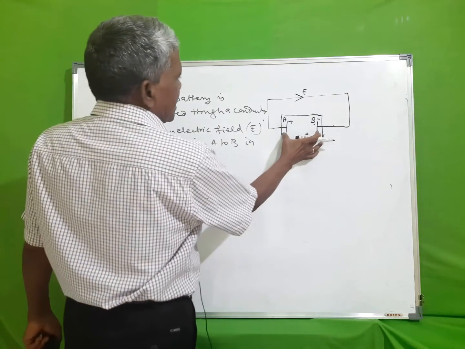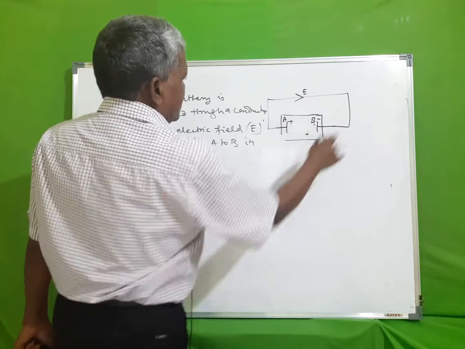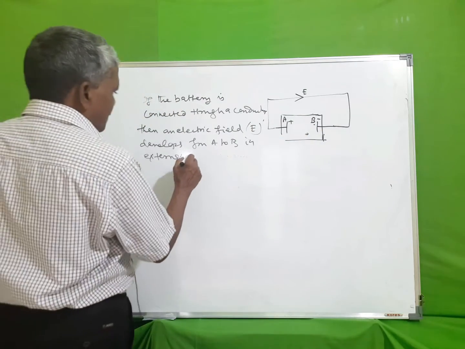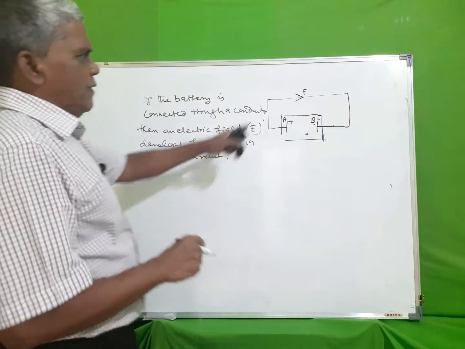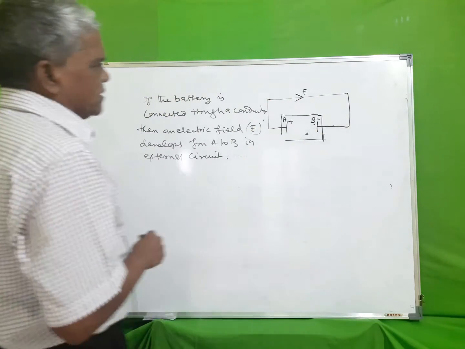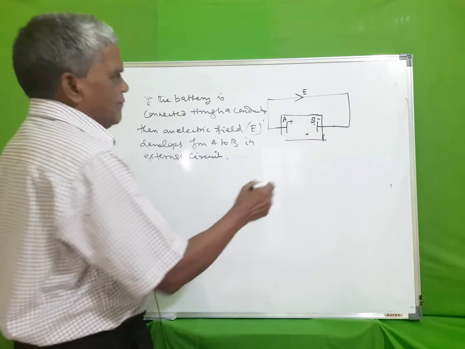So this inside is the internal circuit, the outside is the external circuit. So if an electric field acts from A to B in the external circuit, then what will happen?